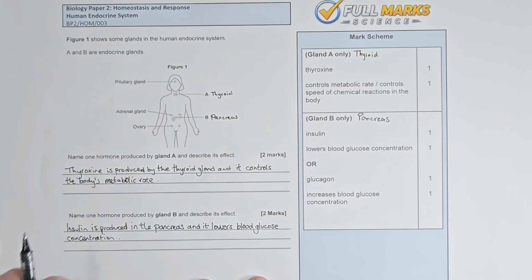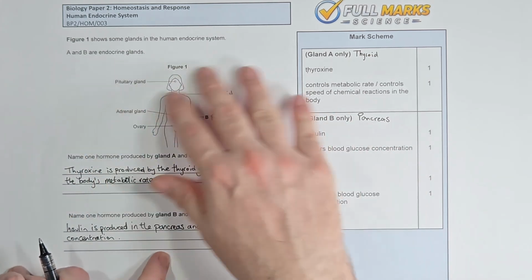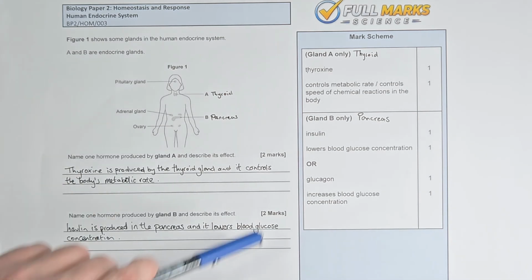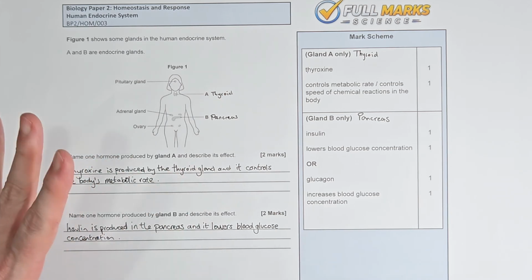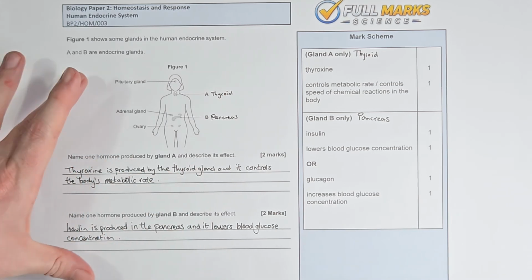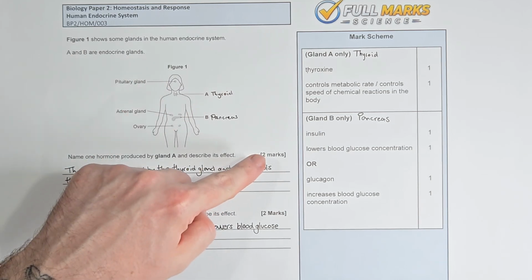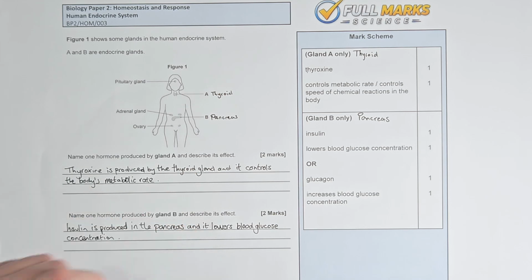for 2 marks. So what I'm getting at here is the reason why I've put this question in, apart from it being the kind of question that we get for our endocrine system, there's a couple of different versions and everything, but the reason for picking this one in particular is because I just wanted to highlight, particularly if you're stressed about this kind of question turning up and you're thinking, oh no, I don't know any of this stuff. I've picked it because it's a 4-mark question, but it's split into 2.